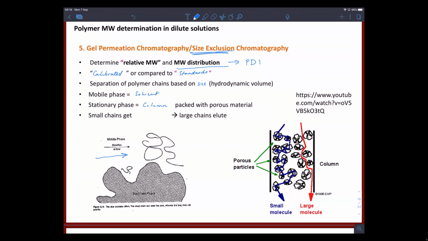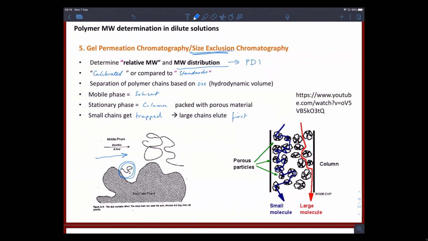The small chains actually get trapped in the pores of our stationary phase, which is our porous material, whereas the large molecules pass on through. So the small chains get trapped and the large chains elute first. So we get the biggest chains coming out first and the smallest chains coming out afterwards.